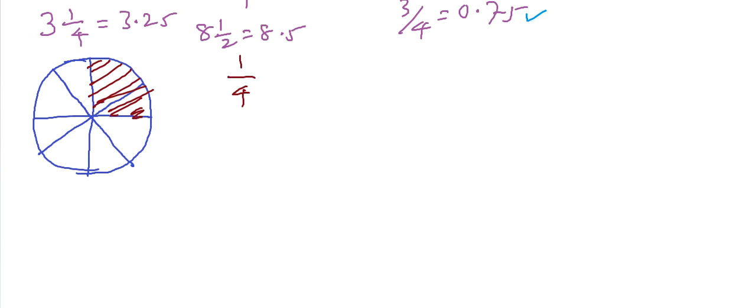And let's say your father takes this much, 1 piece. Total there are 8 pieces and only 1 piece, so 1 out of 8, which is nothing but 1 by 8. And let's assume you are given these 4 pieces.